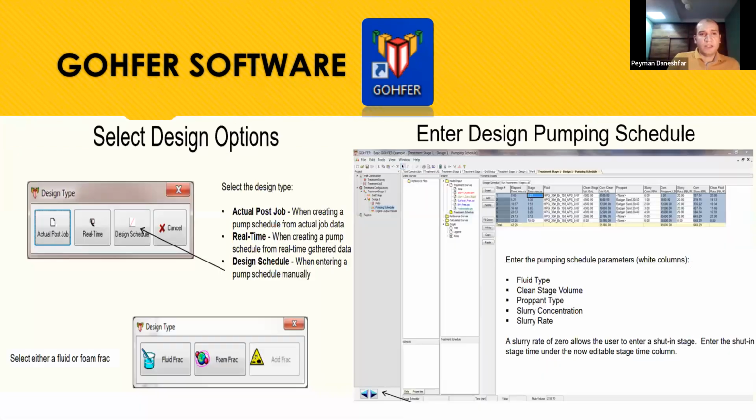Another option is for real time, or if you want to design a schedule, you put in your pumping schedule. For example, for the pad stage, put in 20 barrels per minute, and after that with a constant rate or otherwise, you change the rate. If you change the rate, you can find the result after every time, and in the last report.